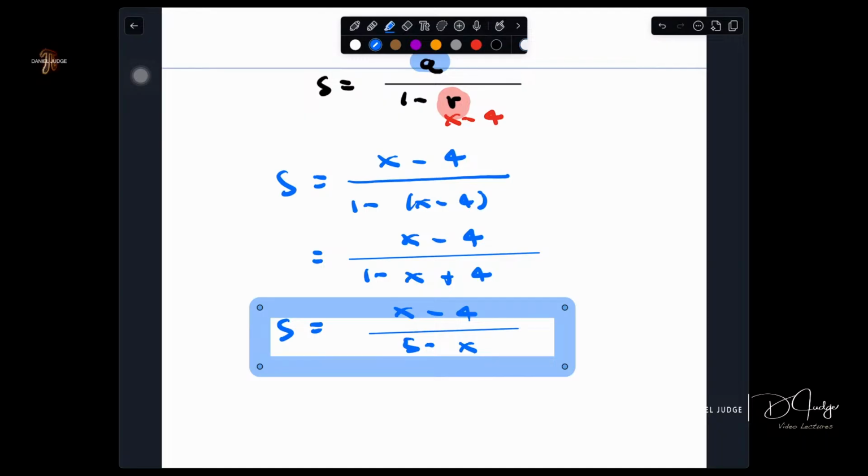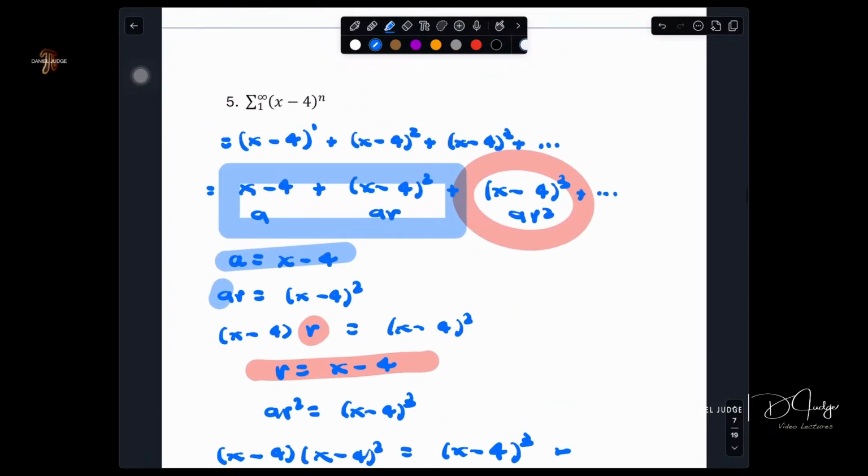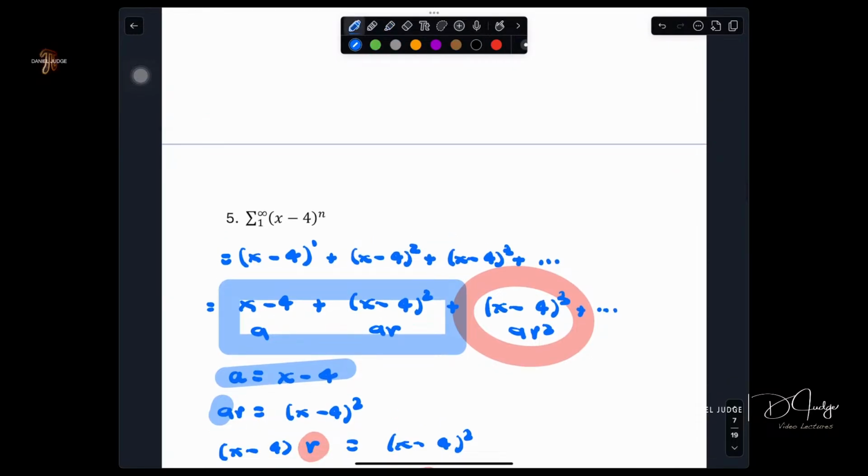Geometric series with the variable x. So this equals x minus 4 over 5 minus x for 3 less than x less than 5.